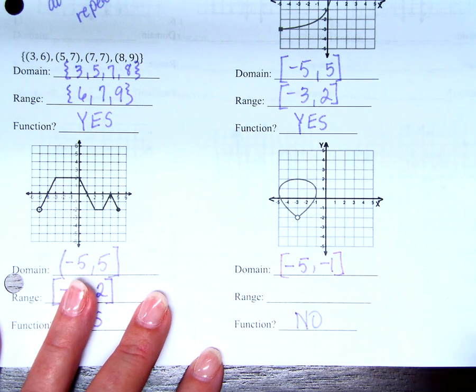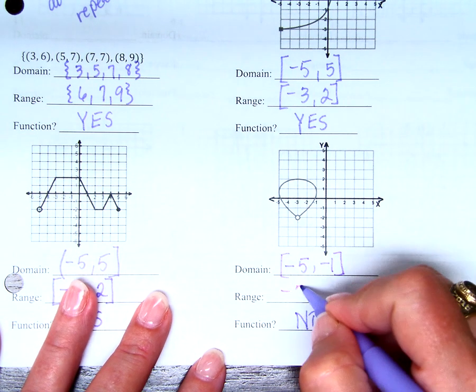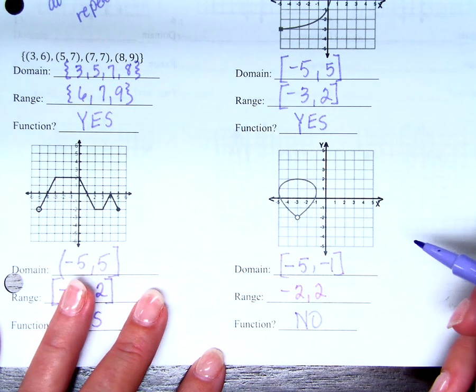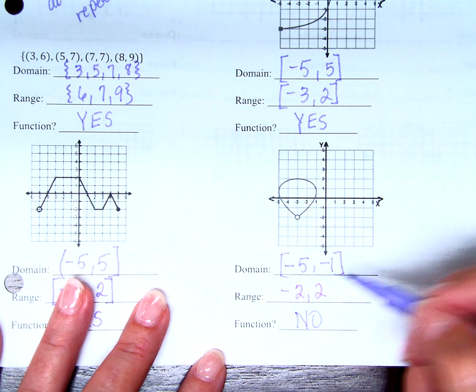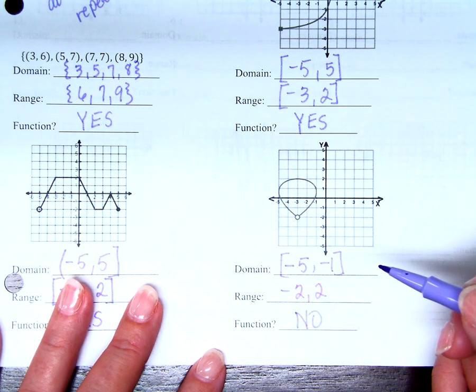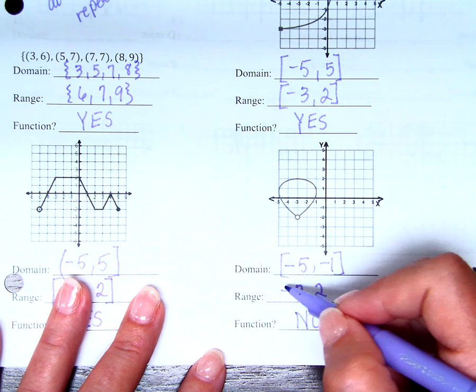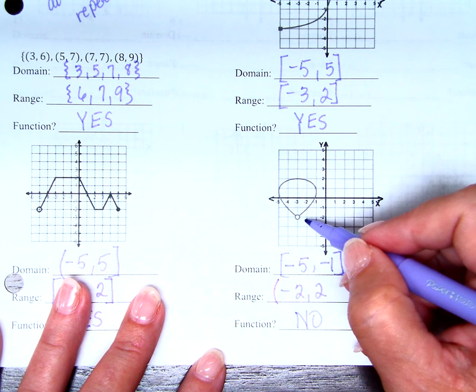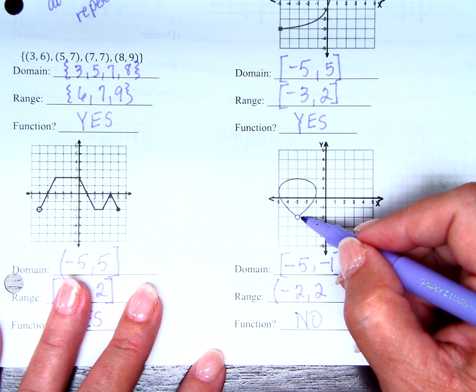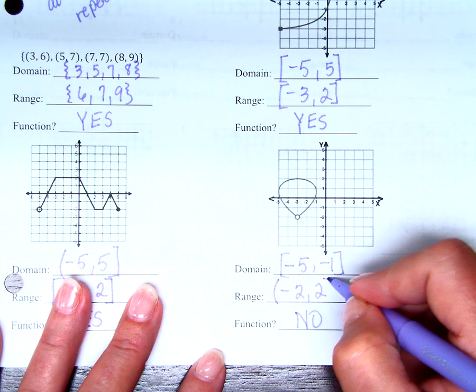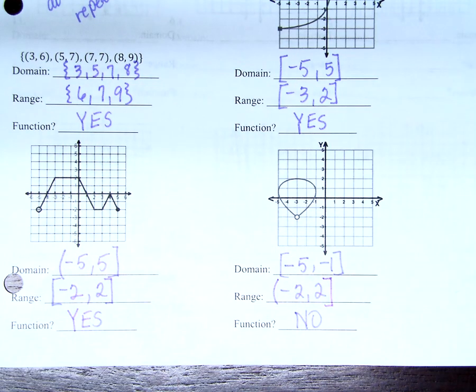And then range: -2 to +2. The -2 is a parenthesis because it is open, and +2 is a bracket because it touches. Does that make sense? All right, any questions so far?